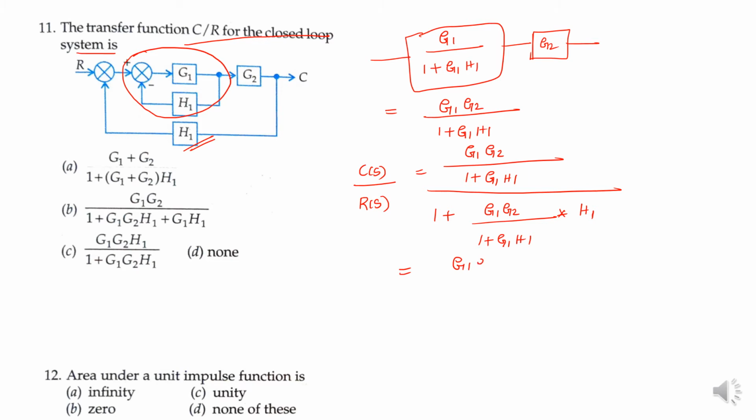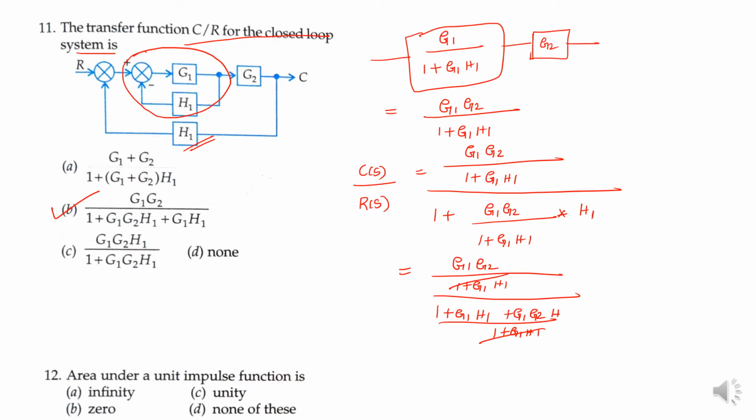Take LCM: 1 plus G1 H1 plus G1 G2 H1 divided by 1 plus G1 H1. Both get cancelled. Finally, we get the answer B. Option B is the correct answer.